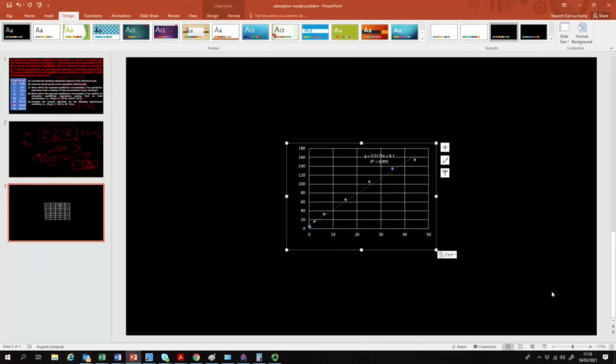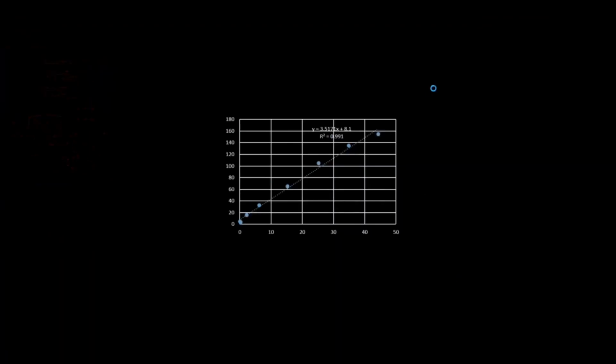In the exam you must clearly label the axes, each and everything, like CE expressed in grams per liter. You have to write units, if not I will not give marks. QE in grams per gram, and then you have to write your best fit equation, tell what your slope and intercept are, and clearly state how you calculated KL and how you calculated QM.